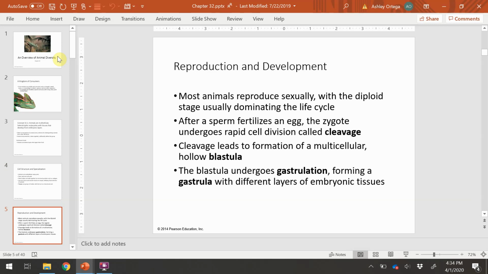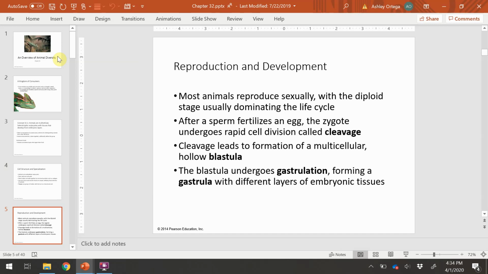Okay, so we're going to look at reproduction and development. So that embryo, once it's formed, how does it undergo some development? And so it starts out with the gamete cells, the sperm and the egg. Once they fertilize, once they fuse together, the zygote is formed. This will undergo rapid cell division, and that rapid cell division is called cleavage.